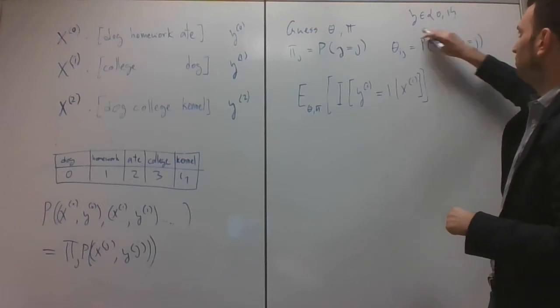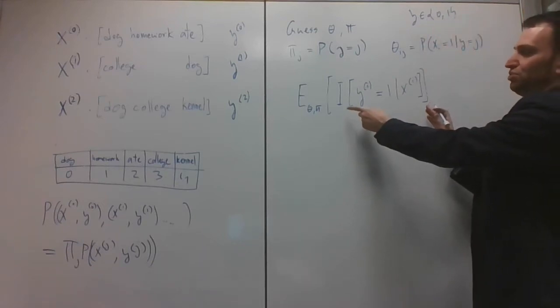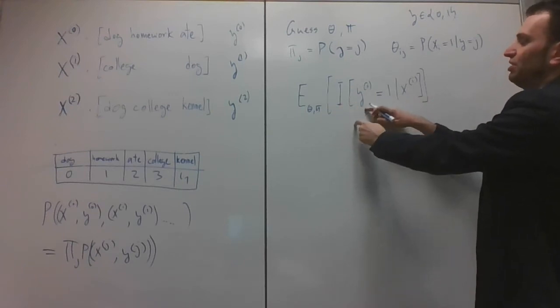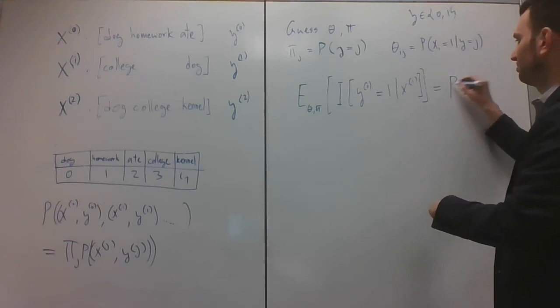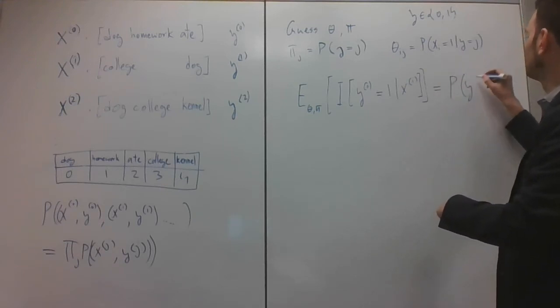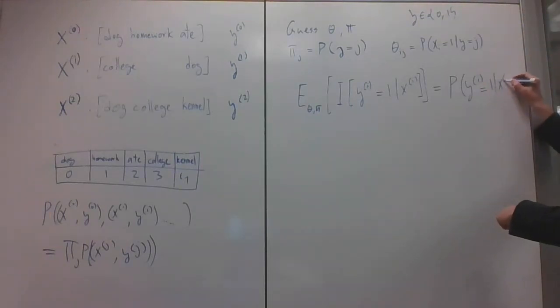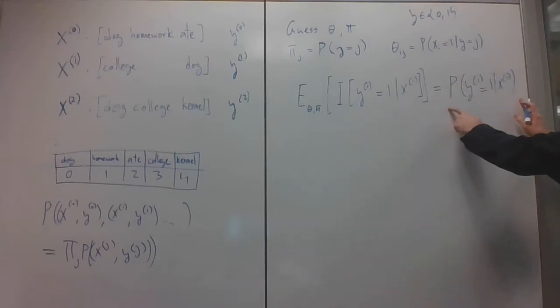If you assume that y is either 0 or 1, it's very easy to see that the expectation of this indicator variable is just the probability that yi is equal to 1 given xi. So this is just mathematically true.